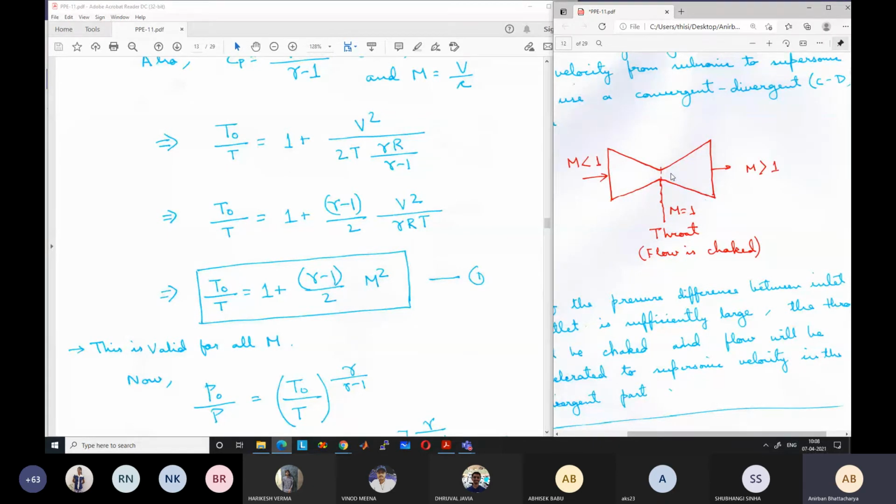Physically, if you think from a microscopic point of view, what is kinetic energy? If there is a flow in a certain direction, we can say that there is a bulk movement of all the molecules in a certain direction.